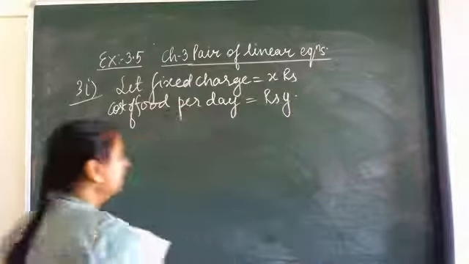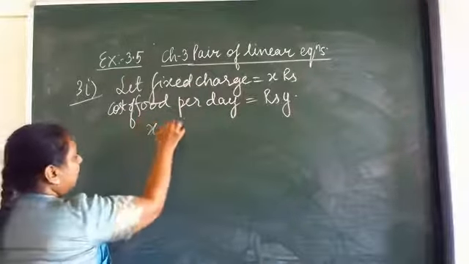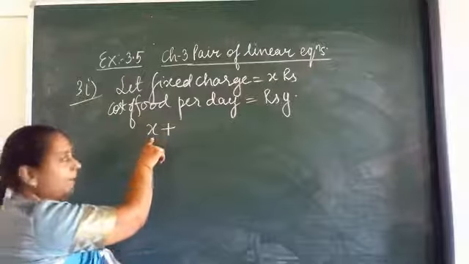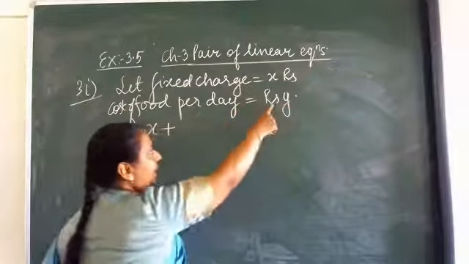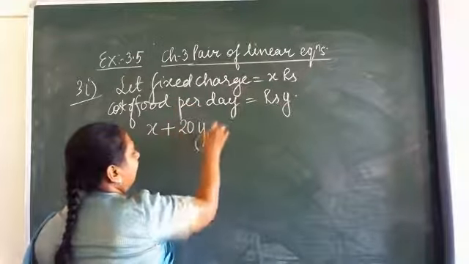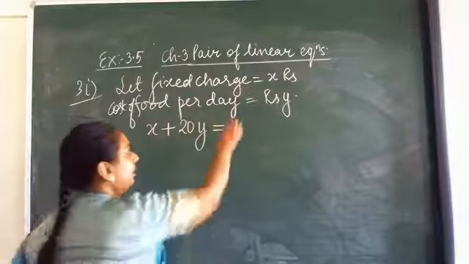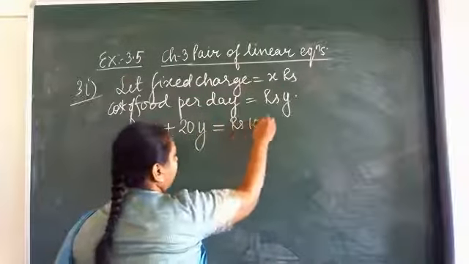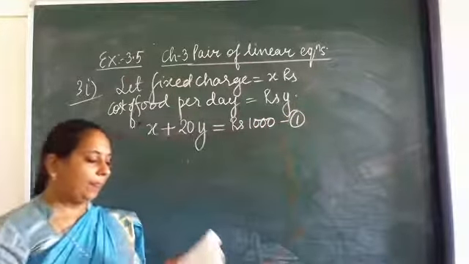So the fixed charge she has to pay, and the cost of 1 day food is y. So 20 days food cost is 20y, and the total she is paying is rupees 1000 as the hostel charge. So x plus 20y is equal to 1000. This gives you the first equation.